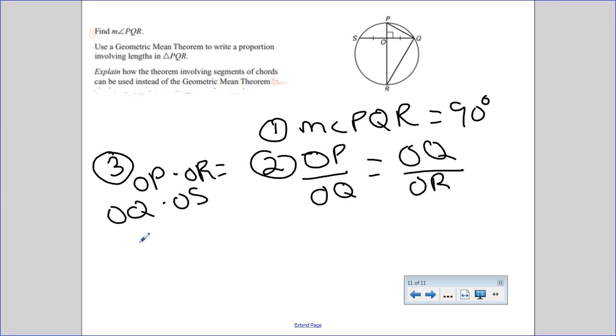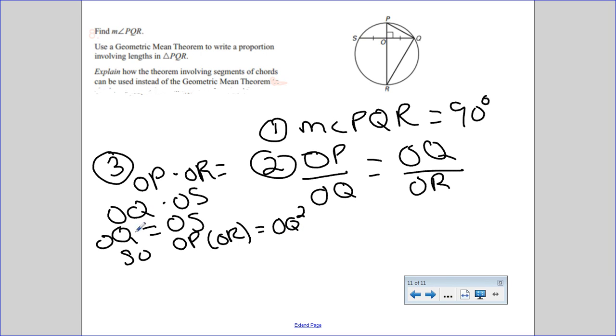Now you're told in the diagram that OQ equals OS, right, they're congruent. So OP times OR is equal to OQ squared, right? If I were to write these, the two would be the same.